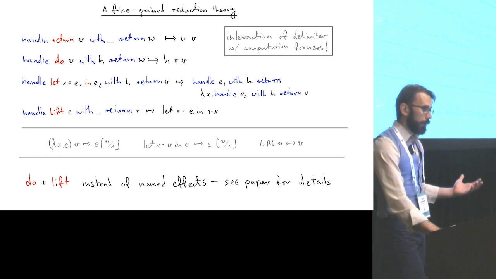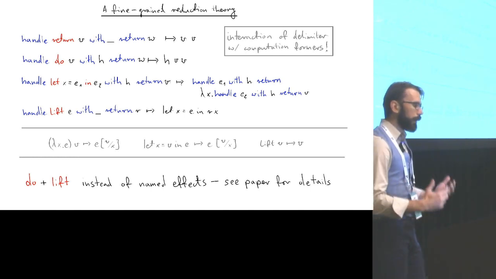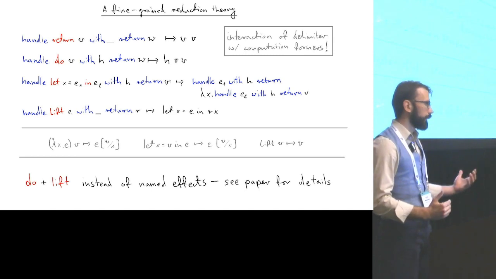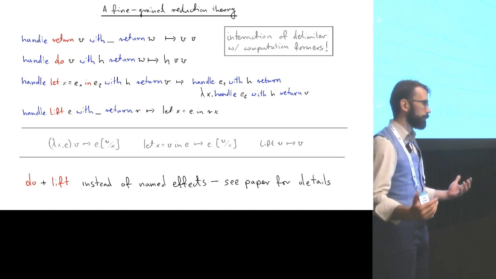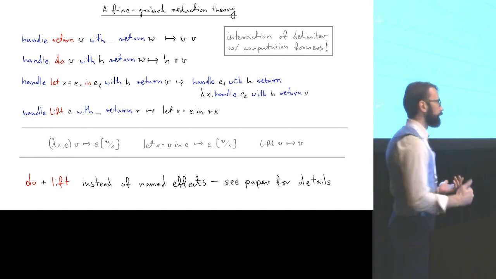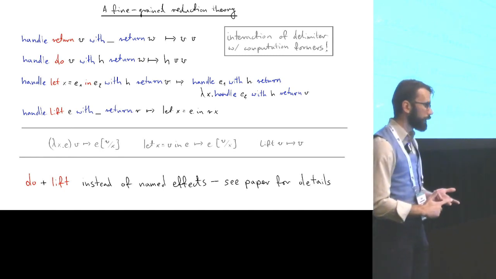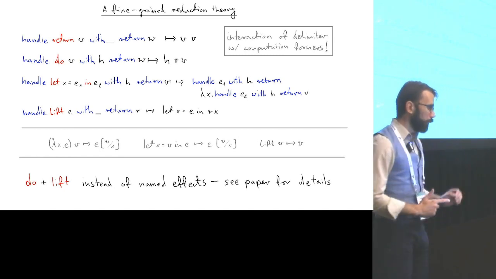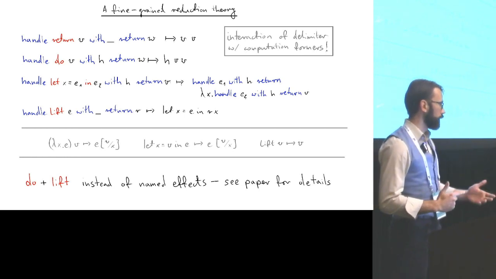So the idea is, and this is a slightly different syntax here, how does the interaction of the handler with various computation formers behave? So what do we have? Well, we can have a computation that's just a value. We can have a computation that is some sort of an operation here called do. We can have a computation that's formed by sequencing through let expressions.